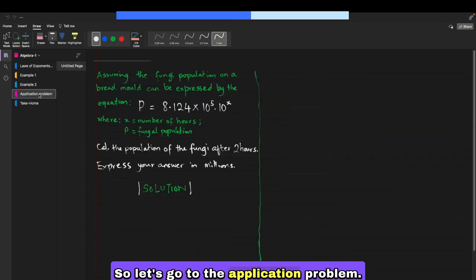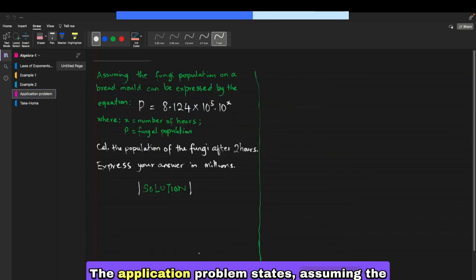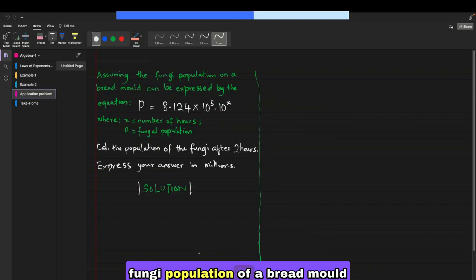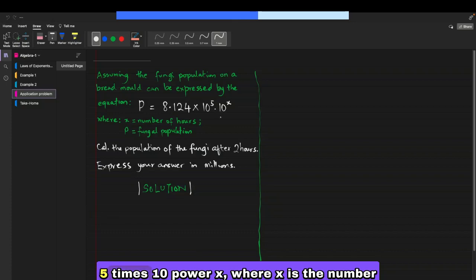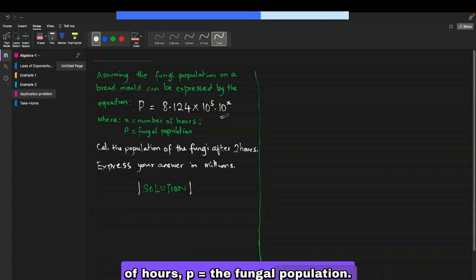So let's go to the application problem. The application problem states, assuming the fungi population of a bread mold can be expressed by the equation P is equal to 8.124 times 10 raised to the power 5 times 10 raised to the power x, where x is the number of hours, and P is the fungal population.